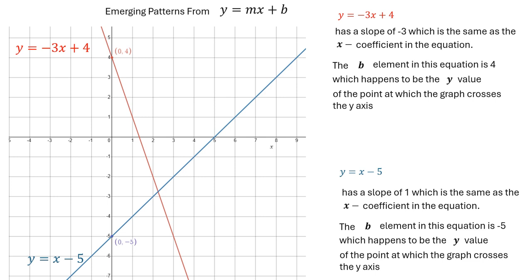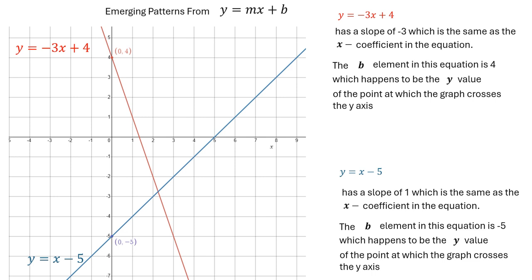In this form, the x coefficient indicates what the slope is. For the equation y equals -3x plus 4, our slope is -3. For the equation y equals x minus 5, our slope is 1.